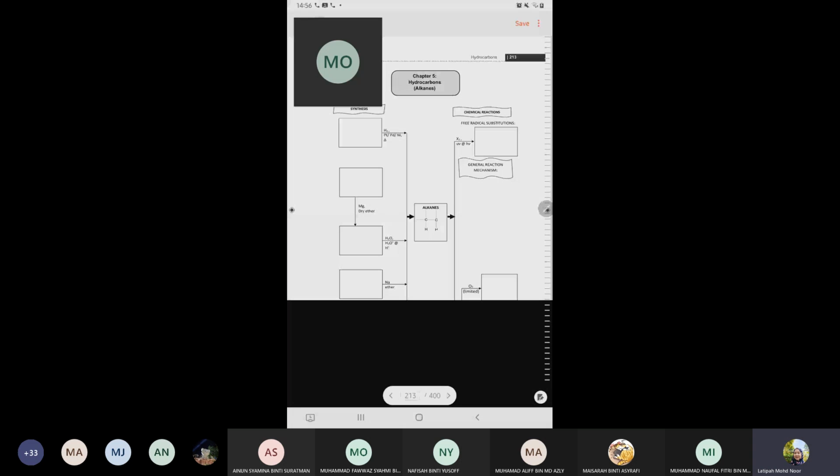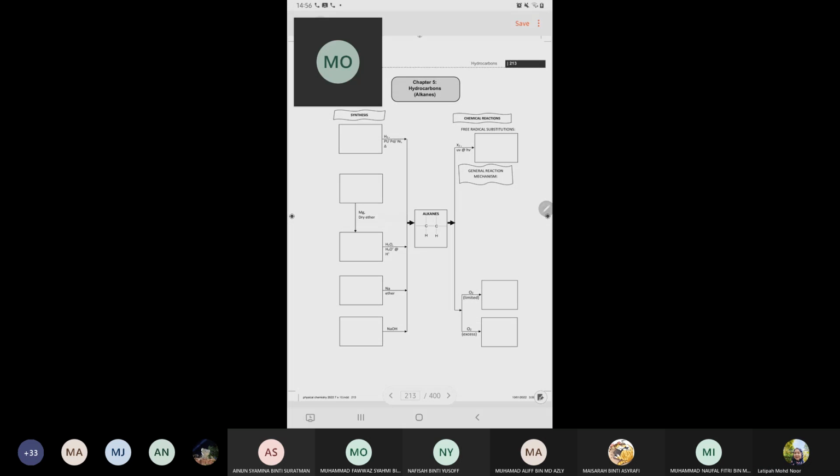Okay. Yang ini dah complete ke belum? I've given you the mind map before in our last class. Kita cari balik mind map. Dah complete kan belum? Saya seorang-seorang je ke dekat dalam kelas ni?